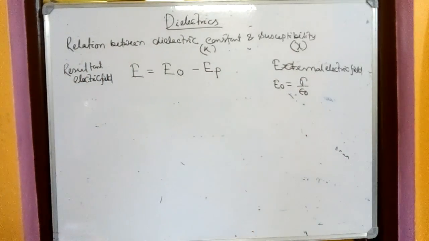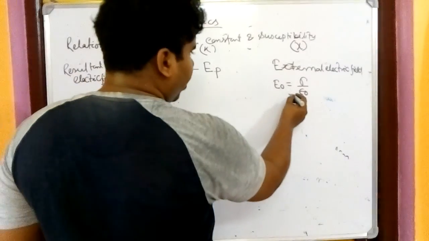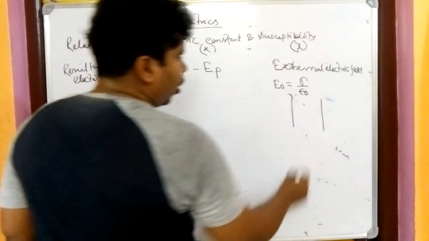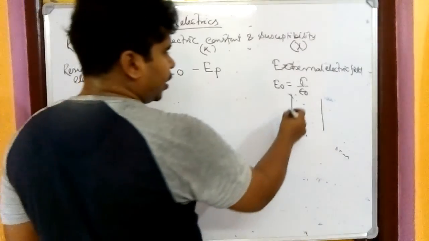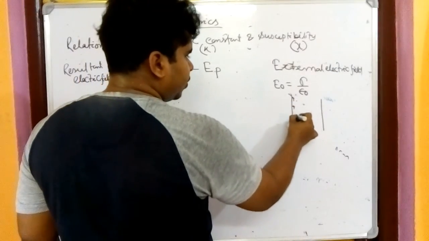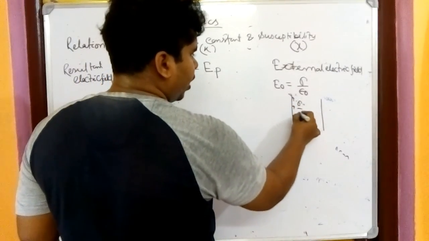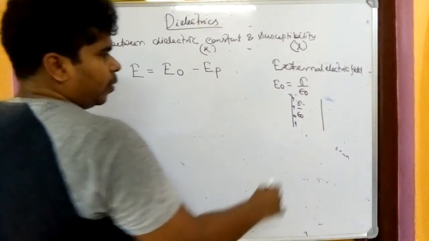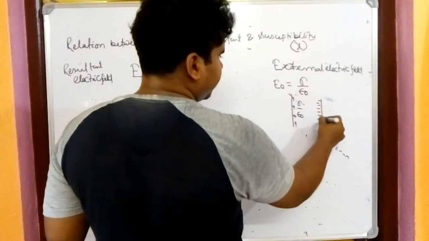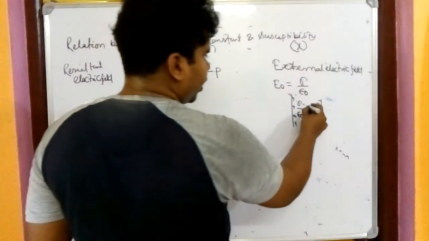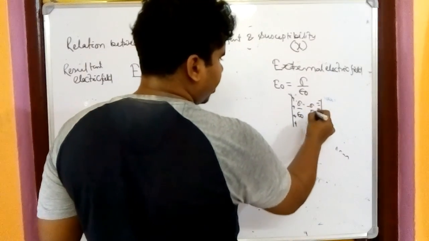Now you may ask, sir, from where has this sigma by epsilon naught come? I will make you remember that whenever we have to find the electric field of a parallel plate capacitor, for this plate we have written sigma by epsilon naught. For this plate, as it is opposite, it is minus sigma by epsilon naught.